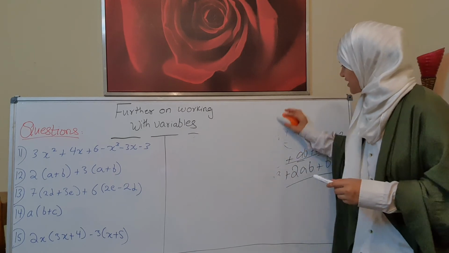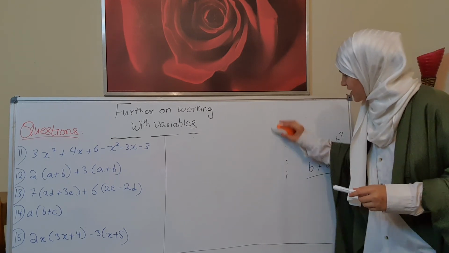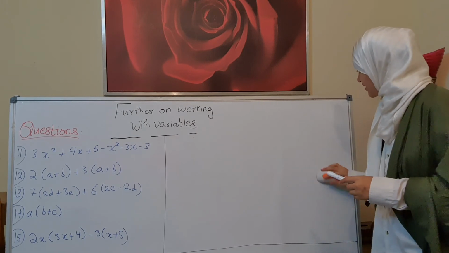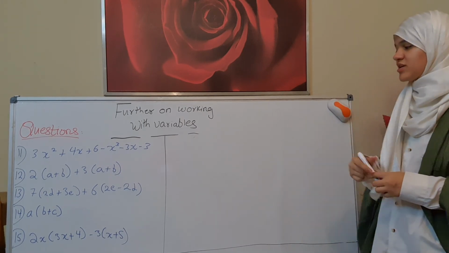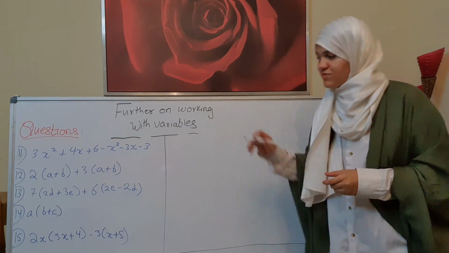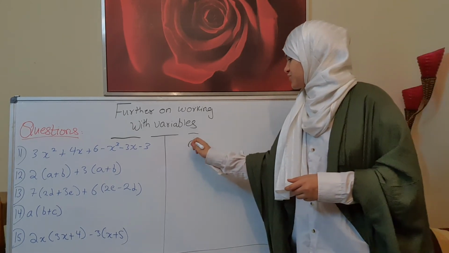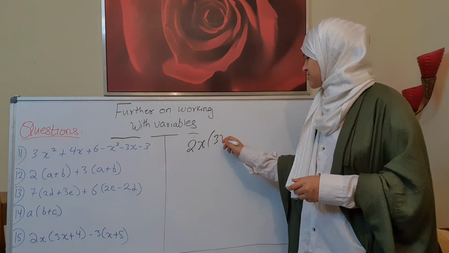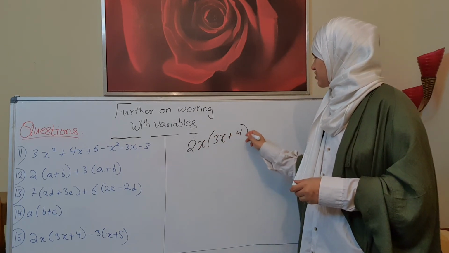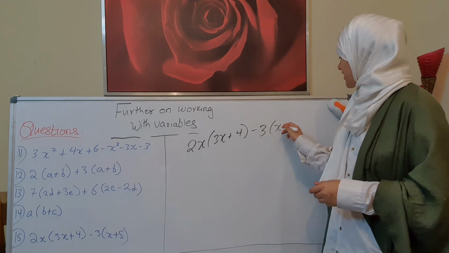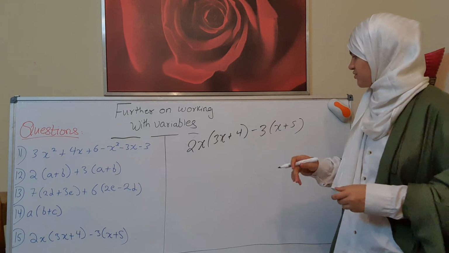Question number 15 says 2x times (3x plus 4) minus 3 times (x plus 5).